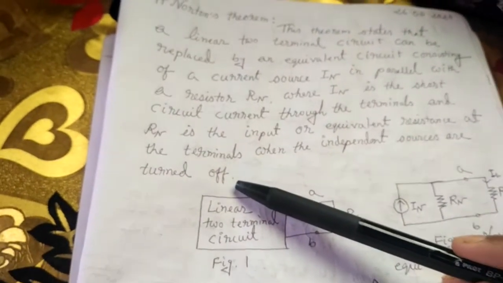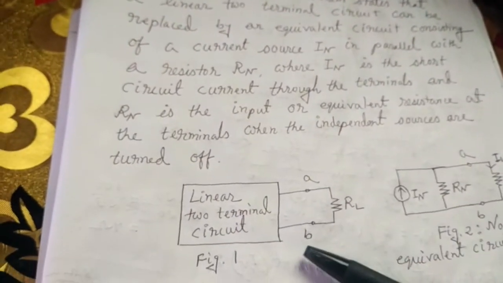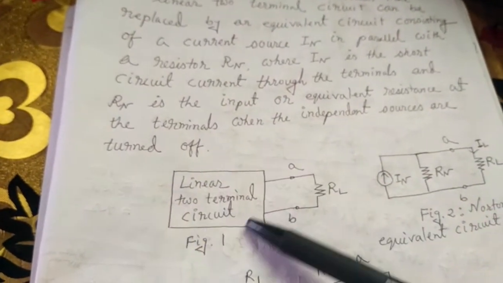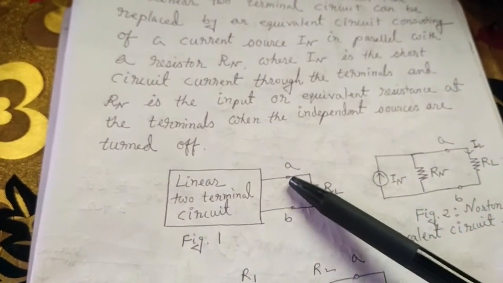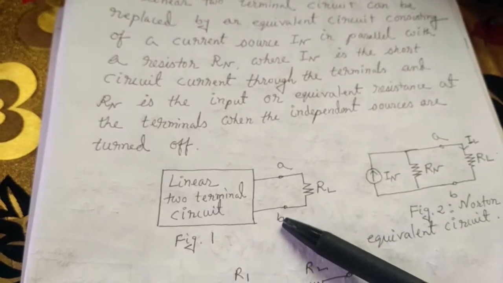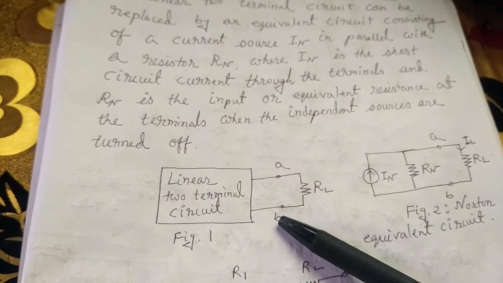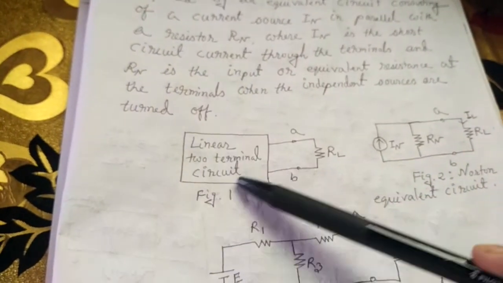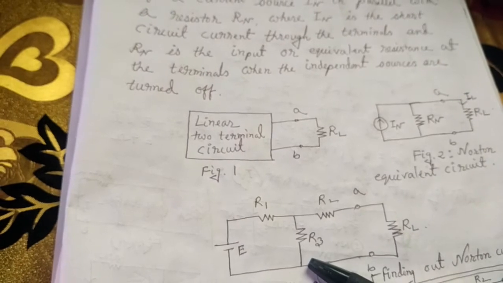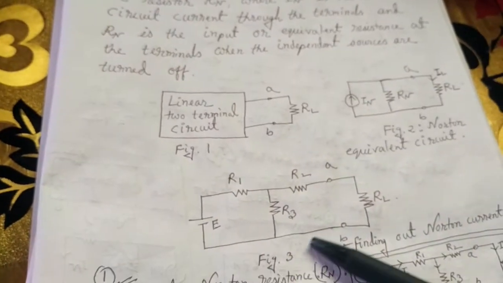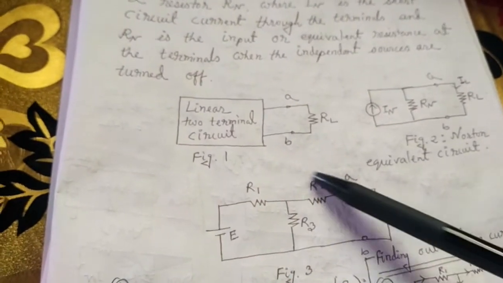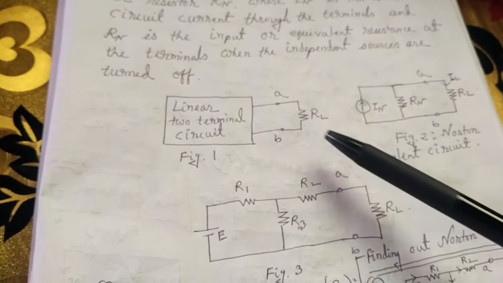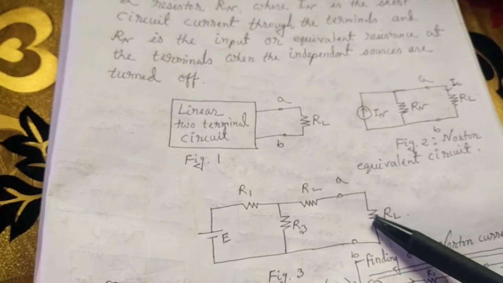So we'll try to understand from the circuit diagram. Here it is any linear two-terminal circuit AB which is connected with a load resistor RL. So we are taking an example of a linear two-terminal circuit, this one, and this load resistor is connected here.